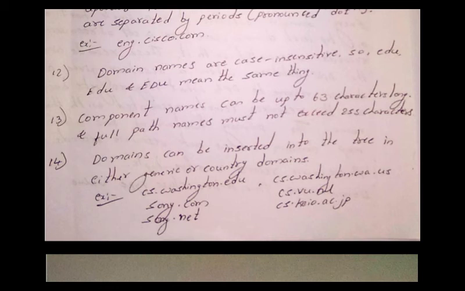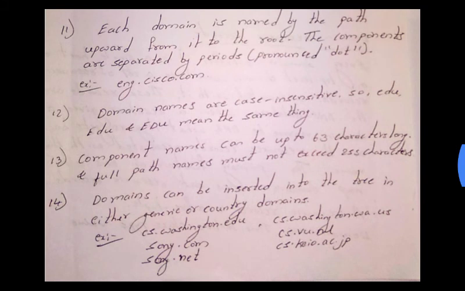Say, for example, cs.washington.edu. Here cs is one of the domains under the higher domain washington.edu, which is an educational domain. sony.com is commercial, and .net. Some country domains are also there, like cs.washington.us, where us represents that the domain belongs to the country domain US. .nl is Netherlands, .jp is Japan.